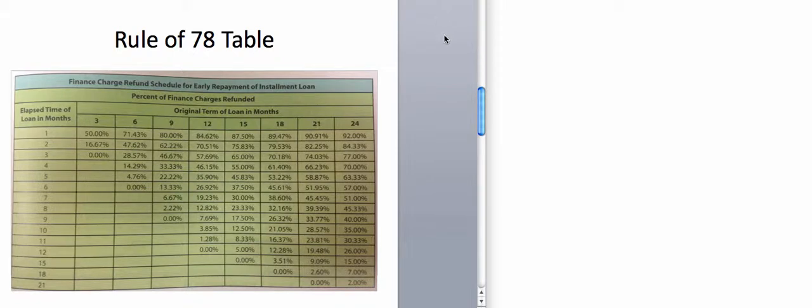table. Okay, and these are the percentages that you'll use and that you'll multiply by your finance charge to determine how much money you have for an earned finance charge, which is how much money you actually had to pay of your finance charge, and how much was unearned, how much you did not have to pay. Okay, so you'll find your term in months.